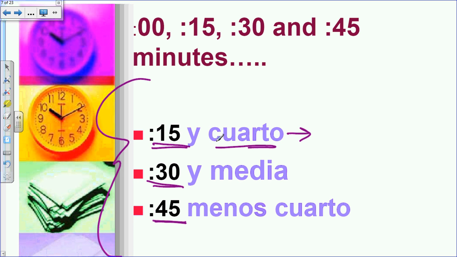Cuarto is like "and quarter," so essentially a quarter of an hour. Un cuarto de una hora. Remember, hay 60 minutos en una hora. Entonces, un cuarto de una hora son 15 minutos.